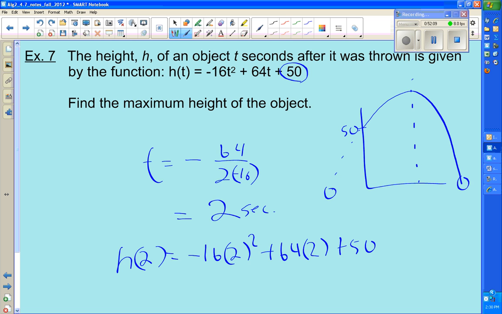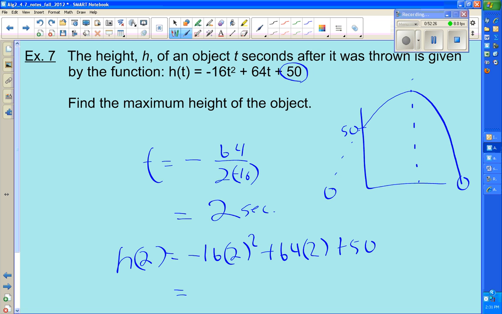So what is the maximum height going to be? How much? I got 114.